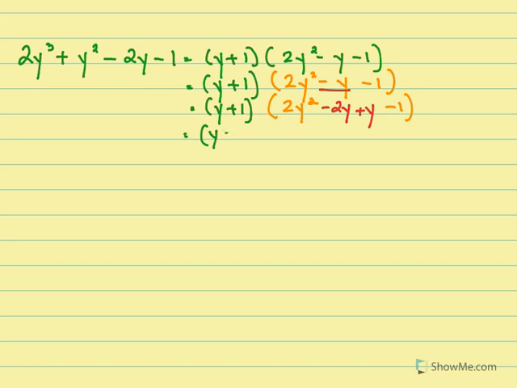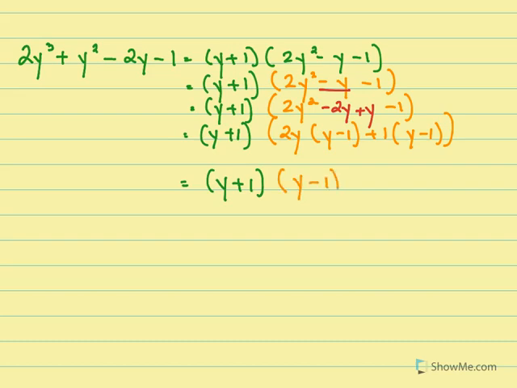So here equal to y plus 1. Here take common out from 2y square and 2y, so 2y common out, y minus 1, plus 1 common out, y minus 1. So equal to y plus 1, and on the other side you write y minus 1, 2y plus 1.